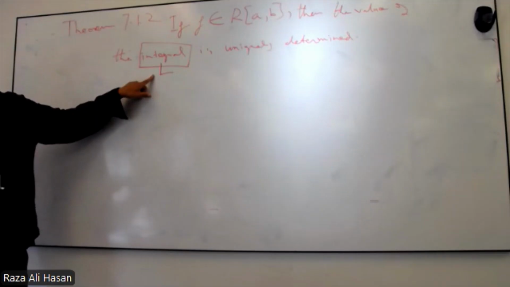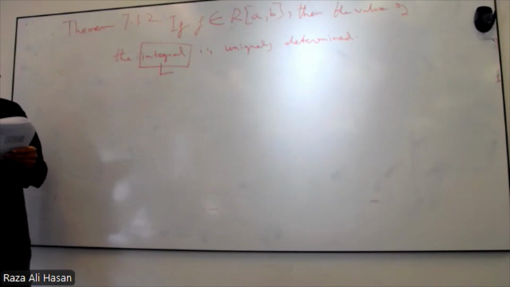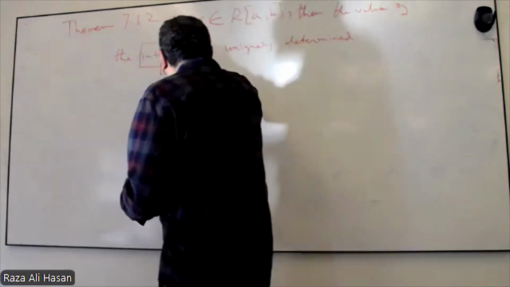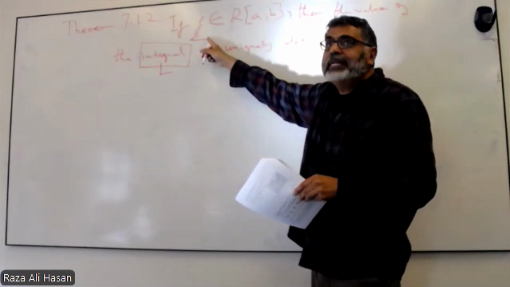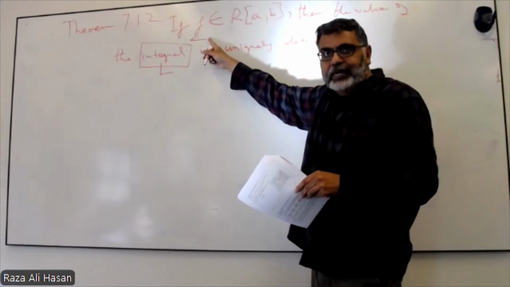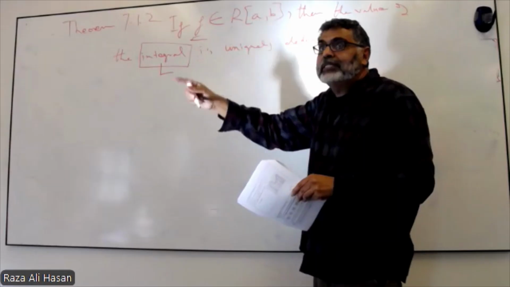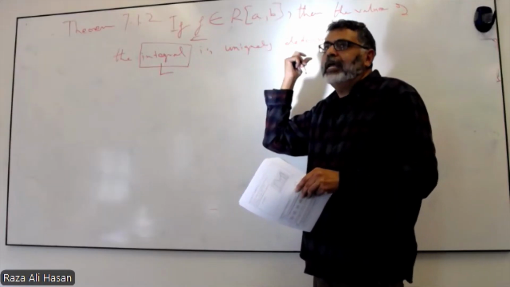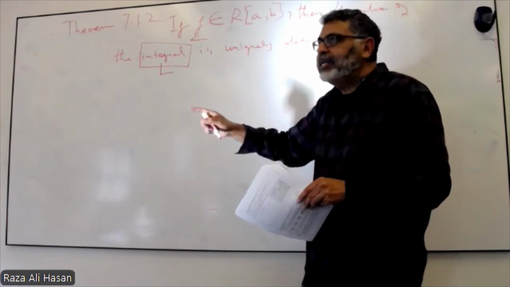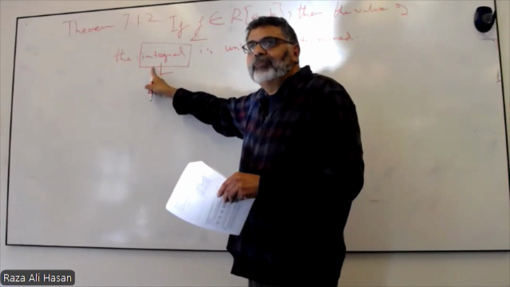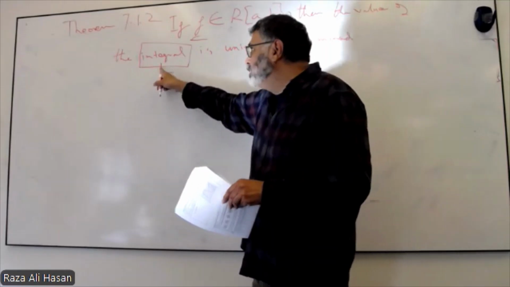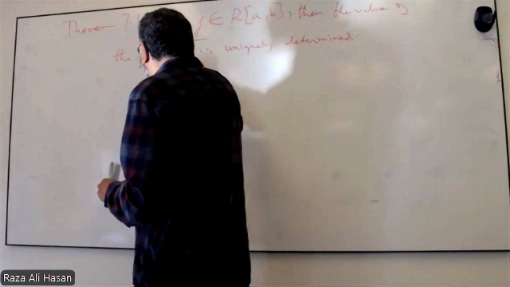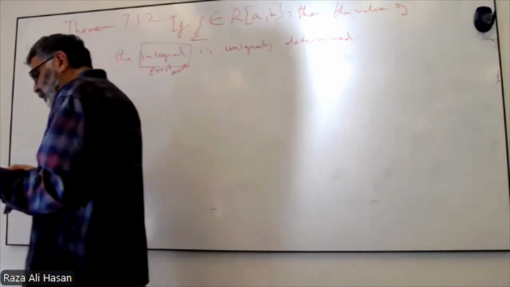So what this is saying is that we can fit enough rectangles to find an approximate area under the curve. Plus, if we send the width to 0, we can find the exact area under the curve. And that exact area is called the integral of the function, right? So this is another word for exact area.